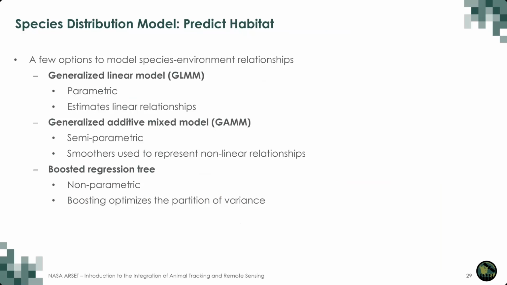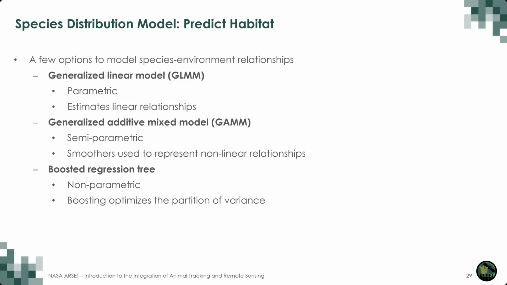And so then we're going to actually run a model. And again, you have quite a few options. Some familiar options perhaps are generalized linear models and generalized additive mixed models, so GLMs and GAMs. And those both have their advantages. And again, it just depends on your data set that you are trying to model. There's also boosted regression trees, which are really similar to random forests.